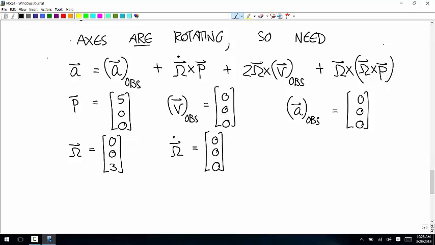Capital omega is of a coordinate system, and lowercase omega is of a body relative to the coordinate system. In this case, there's no lowercase omega, because relative to the coordinate system, we don't see anything moving.